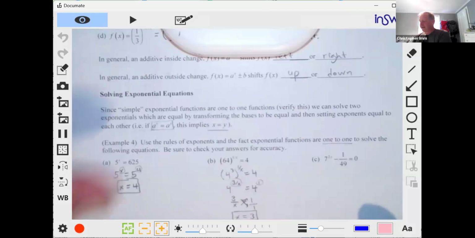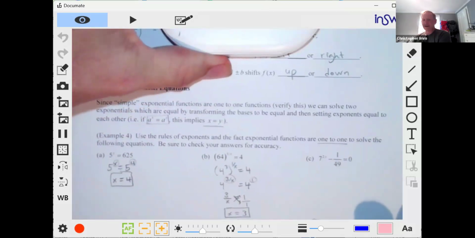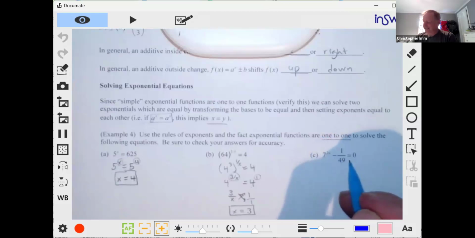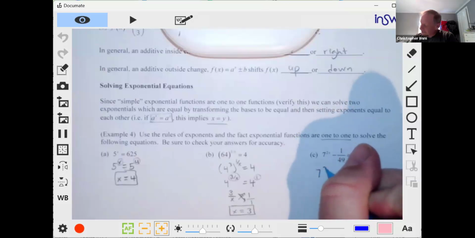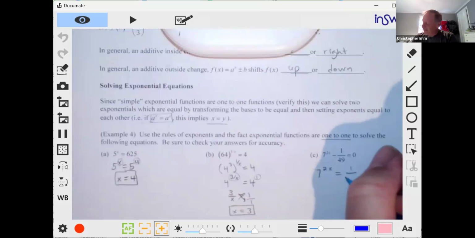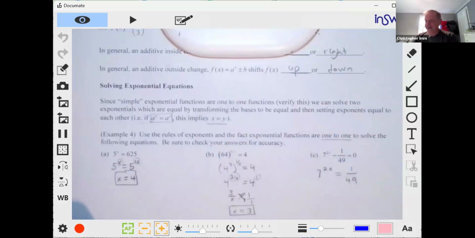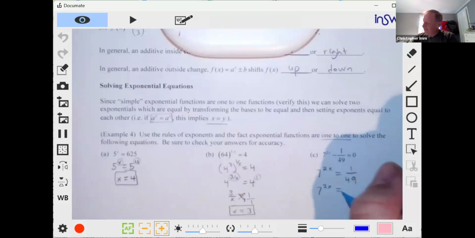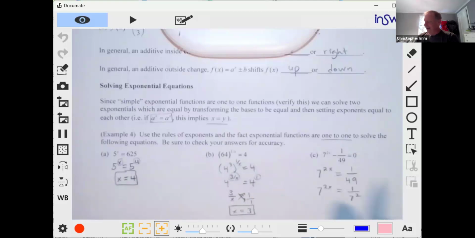All right. Sometimes we have to do a little bit of legwork, like on C, to actually get these equal to each other and then find the same base. So what I'm going to do is subtract that negative 1/49th over and make that a positive 1/49. I do know that 49 is 7 times 7, so this is 1 over 7 squared. I also know that I want the 7 as the base.